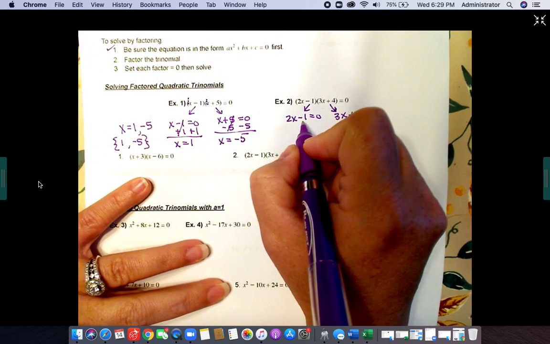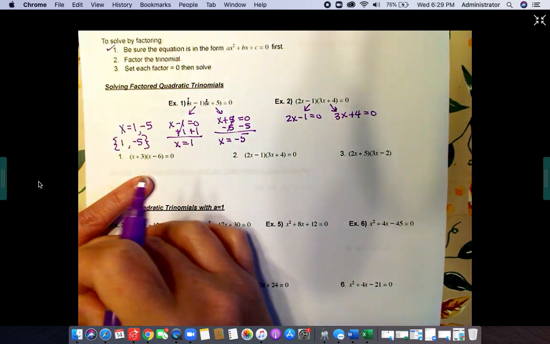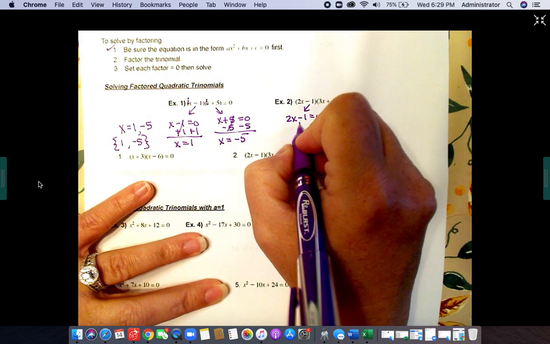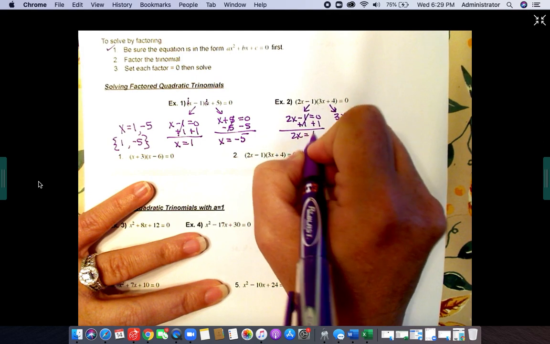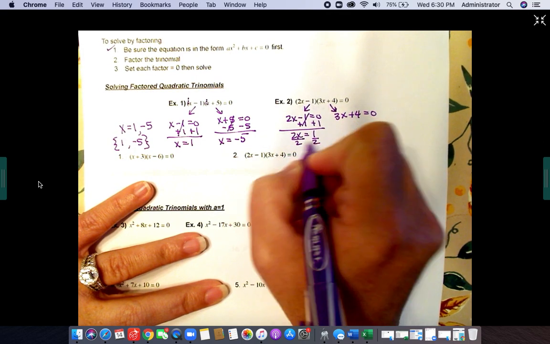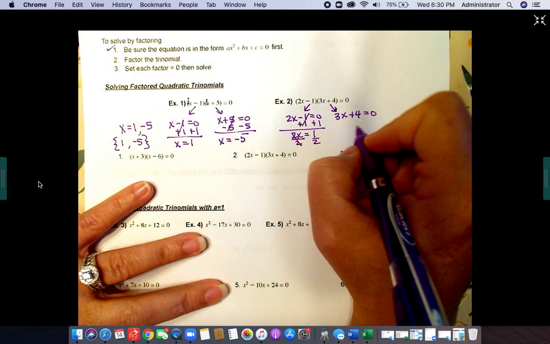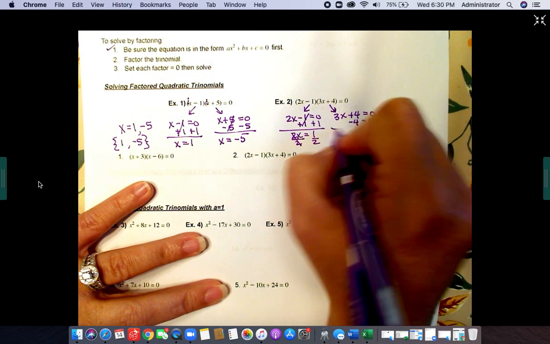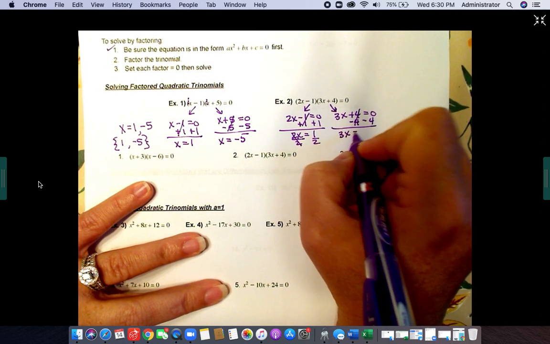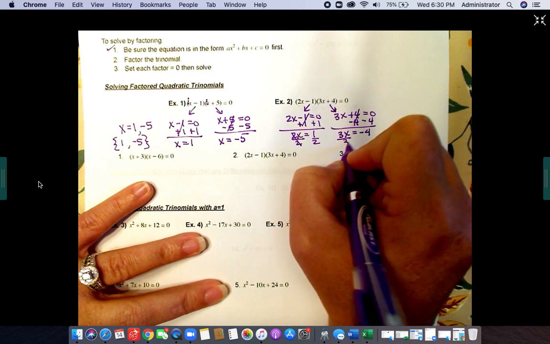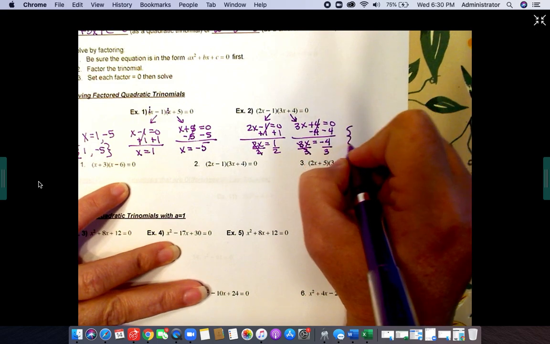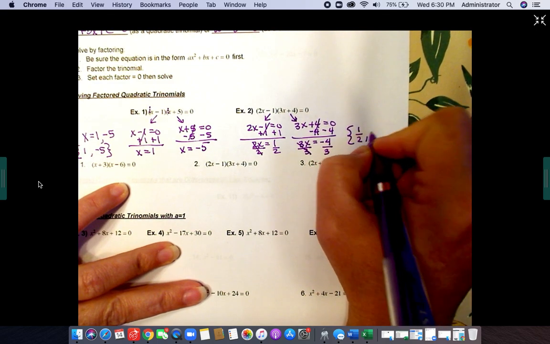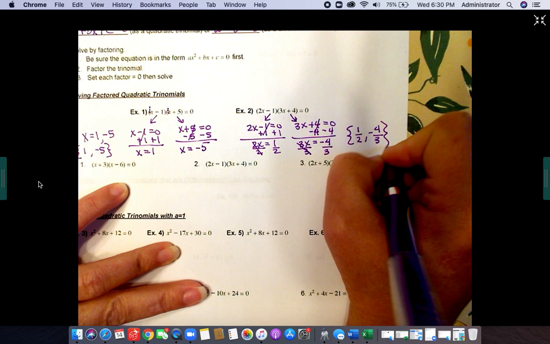Remember, when we undo an equation using inverse operations, we first undo addition or subtraction, then undo any multiplication or division. So we get 1/2 and negative 4/3.